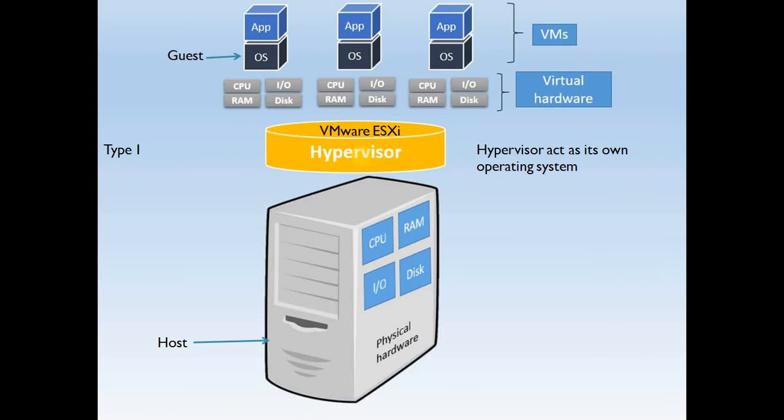Now, if I talk about the software that I am going to install in the form of a platform in order to install the rest of the operating systems as guests, over here, if you focus, first, the layer is a physical hardware layer. So on top of this physical hardware, rather than using any guest operating system, we have installed the hypervisor. Directly it works as the operating system.